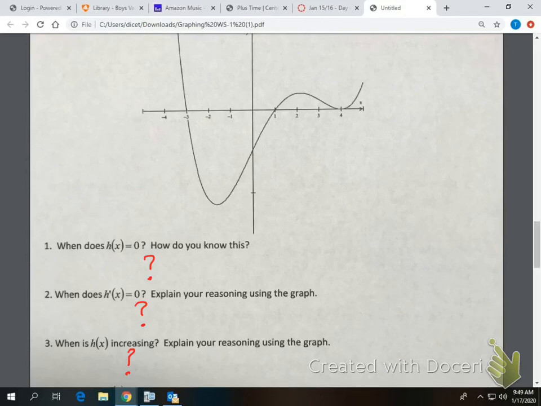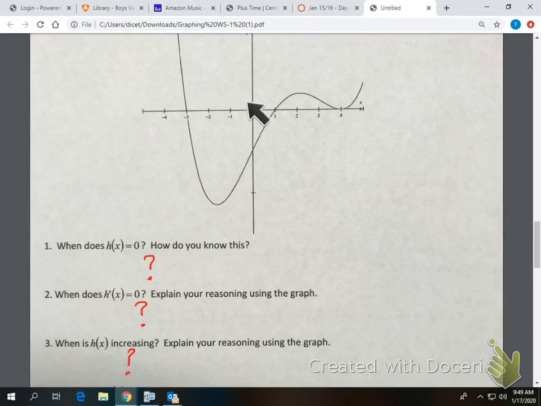Okay, what number am I on? 5. Oh, we get to answer 5. When does the second derivative equal 0? Well, that's easy. Negative 3, 1, 4. When is the second derivative less than 0? That's easy.